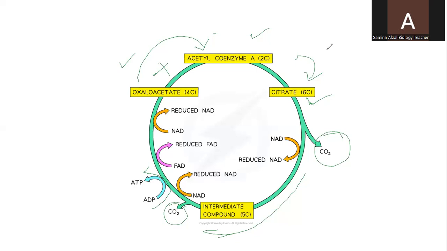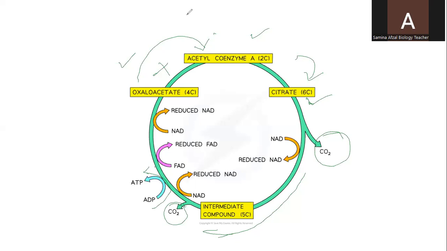As a result of this, what will happen? There will be formation of a four carbon compound. So in this way, the oxaloacetate, which is a four carbon compound, will again enter into the Krebs cycle. So in this way, the formation of these different types of carbon compounds takes place during these three stages.